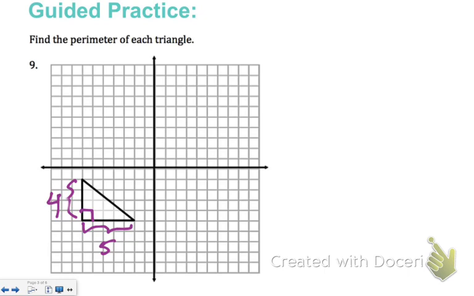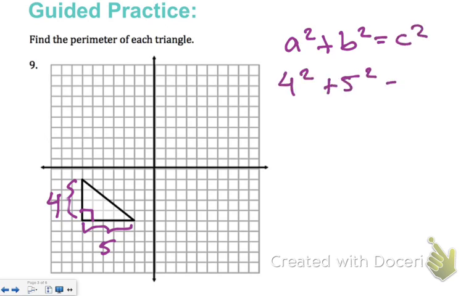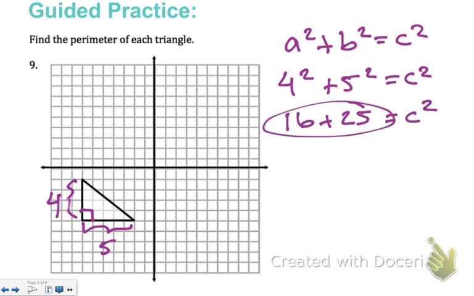All right, so we're going to write down the Pythagorean theorem and substitute our legs. Square each term. 4 squared is 16, 5 squared is 25, and that's equal to our hypotenuse squared. The sum of 16 and 25 is 41.